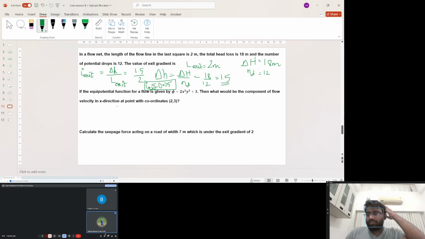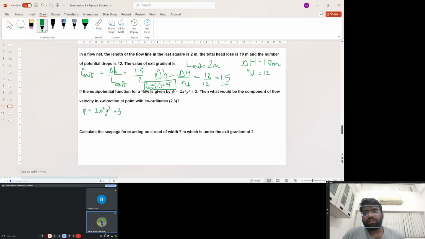If the equipotential function for a flow is given by phi is equal to 2x square y square plus 3, then what would be the component of flow velocity in x direction at the point with coordinates 2, 3? So we have been given the equipotential function, which is 2x square y square plus 3.